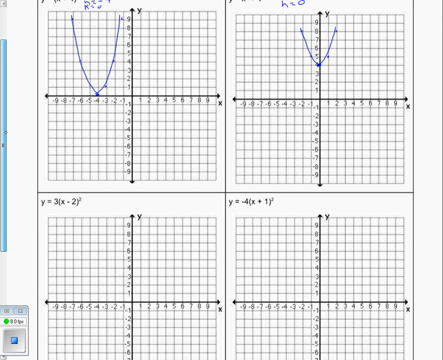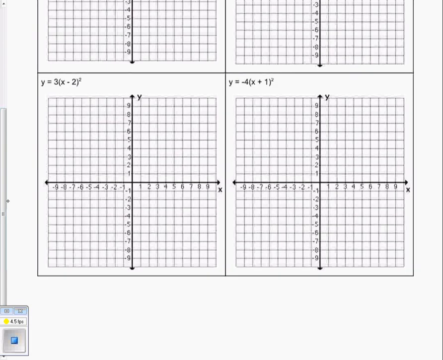If we look at the last two examples, it becomes a little bit more complicated, but it's still relatively straightforward. We will again identify our a, h, k values. Our a value is positive 3, so it's going to open up. We know that there's going to be a vertical stretch because the a value is bigger than 1. The h value is positive 2, okay, and the k value, well, there is no k value.